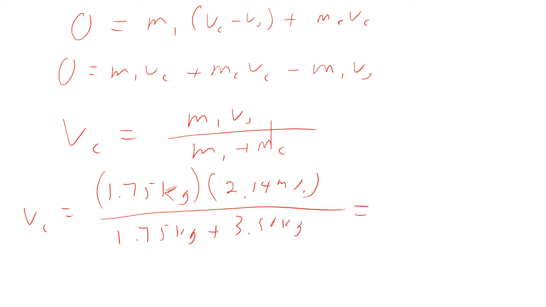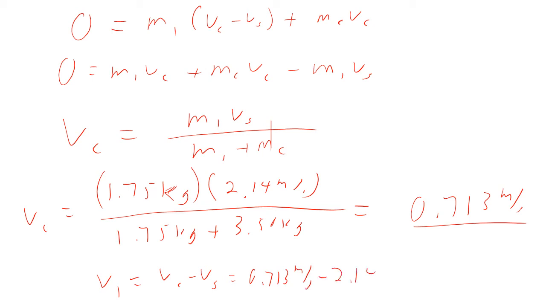So VC is going to be equal to 0.713 meters per second. So what about the velocity of the cart? V1, we already said, is going to be VC minus the separation, so 0.713 meters per second minus 2.14 meters per second, and that comes out to be a negative 1.43 meters per second.